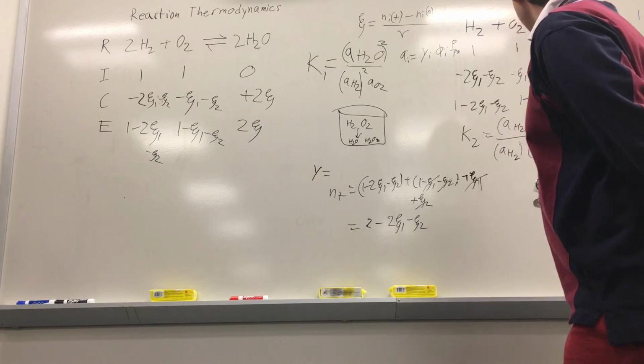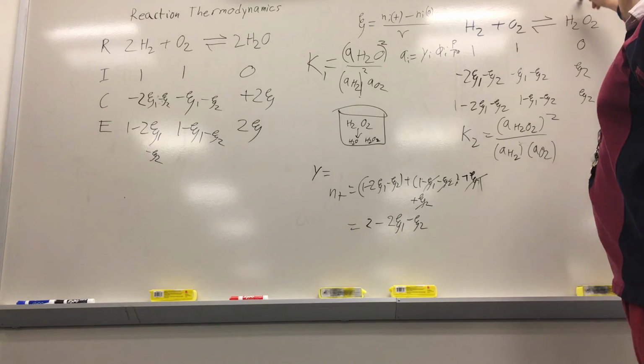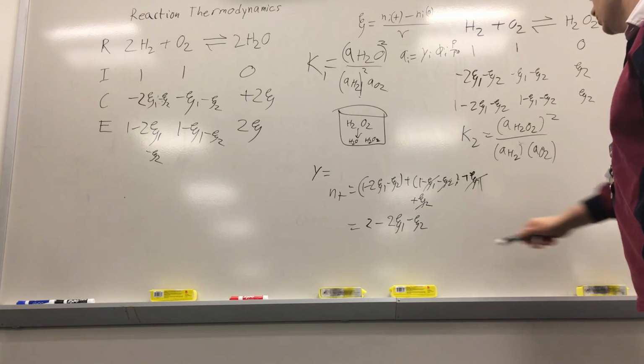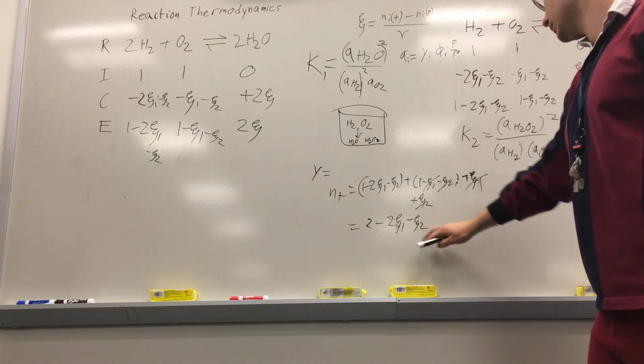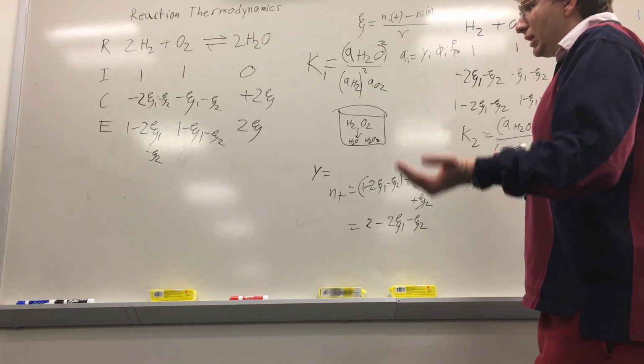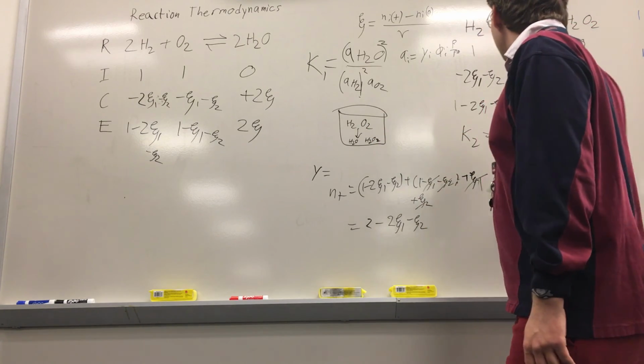Yeah, I think that's right, because the only thing that's changed is that we're making 1 mole here, but we're using up 2 more here. So we should have minus 1 extent of reaction here. Although everything else should be the same, you just have 2 equations and 2 unknowns, so you can do algebra in order to solve them.